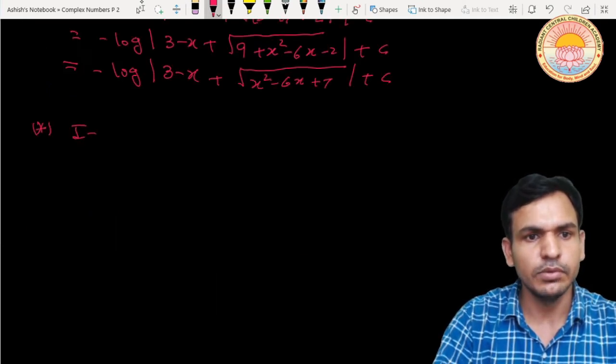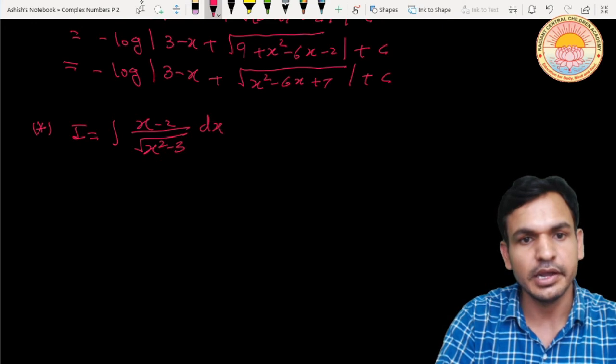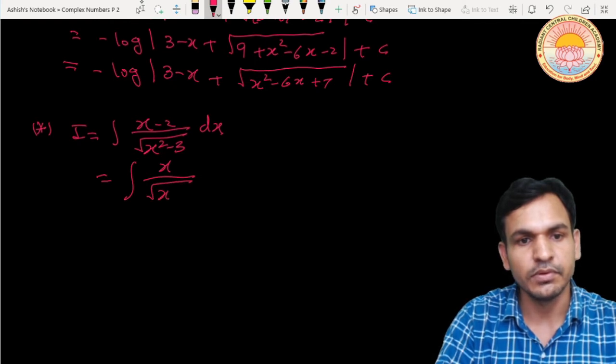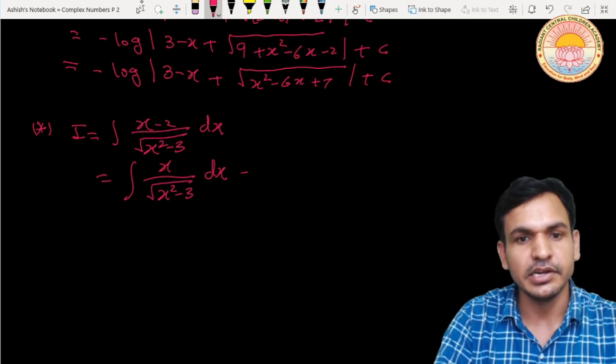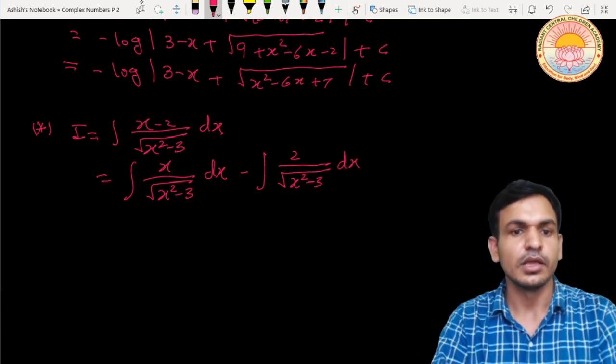I is equal to integral of x minus 2 upon square root of x square minus 3 dx. Now we can also write this as integral of x upon square root of x square minus 3 dx minus integral of 2 upon square root of x square minus 3 dx.